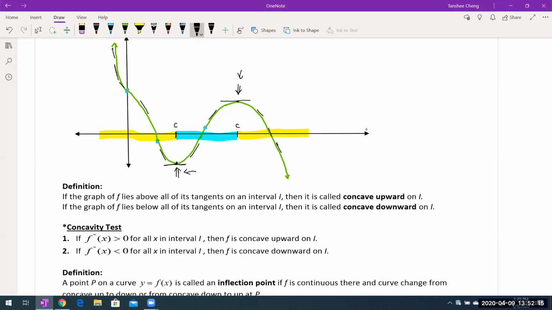Then that interval is called concave up. And look at right here, the graph is always below the tangent line, and that is called concave down, right? And this point right here, where the concave up changes to concave down, that point is called the point of inflection.